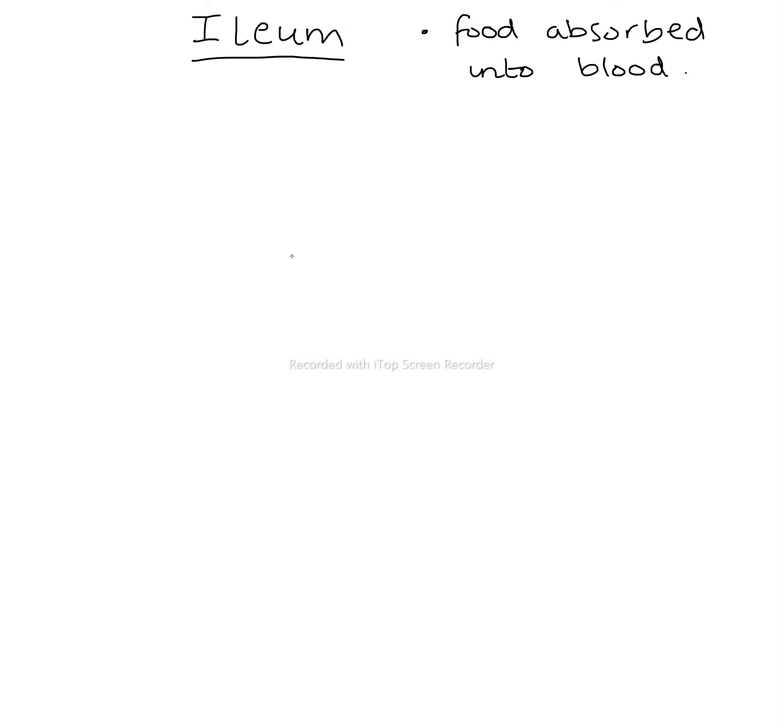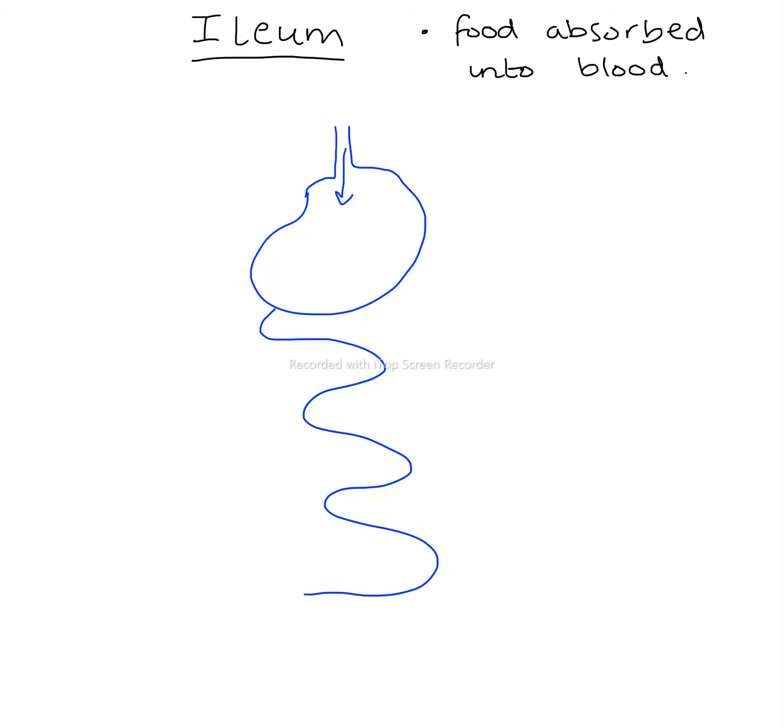Right, so let's just go back and have a look at this. There's your stomach. The food's coming to your mouth, into your stomach. It goes out of the stomach into the small intestine. And we said the small intestine is broken up into two parts.